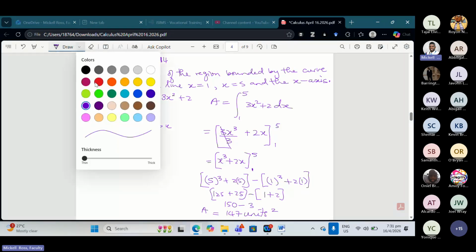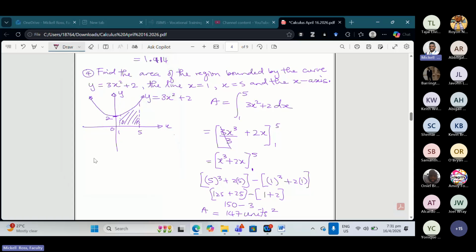So if you're taking the definite integral of a function, let's say from a to b of f of x with respect to x, once you integrate the function, you're going to get the integral function, which is what you would have gotten for your answer, from a to b.